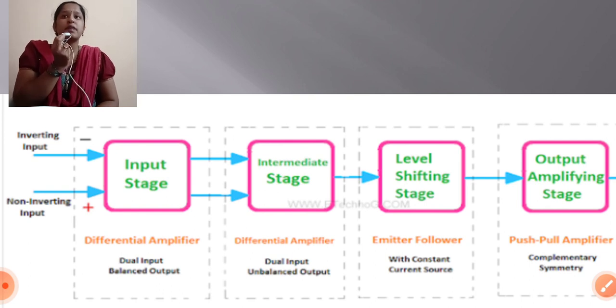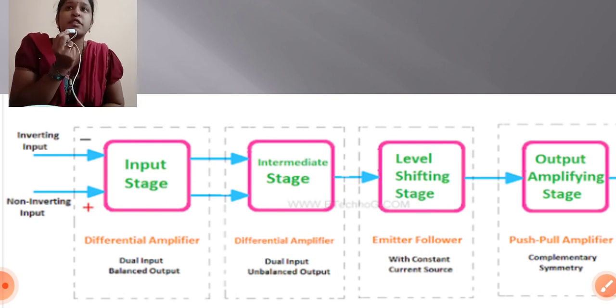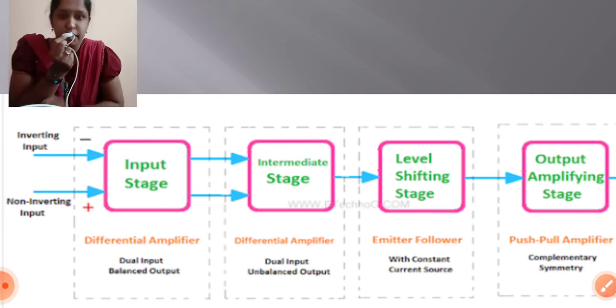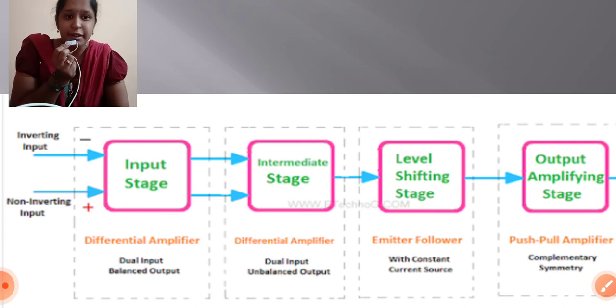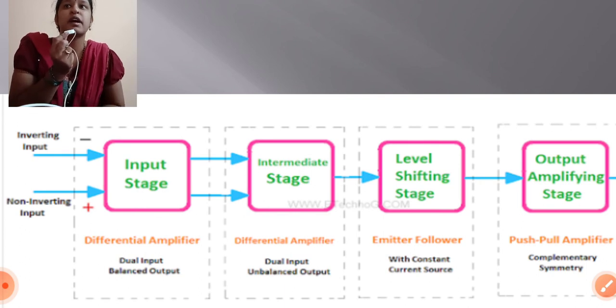Which is driven by the output of the previous stage. Unbalanced means single-ended output. The next stage is the intermediate stage, where they have mentioned the unbalanced output, called a single-ended output, because direct coupling is used. The output of the intermediate stage is well above ground potential.